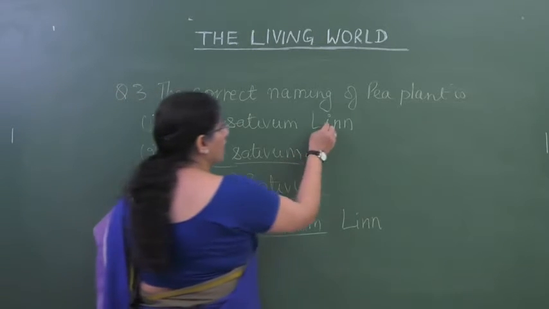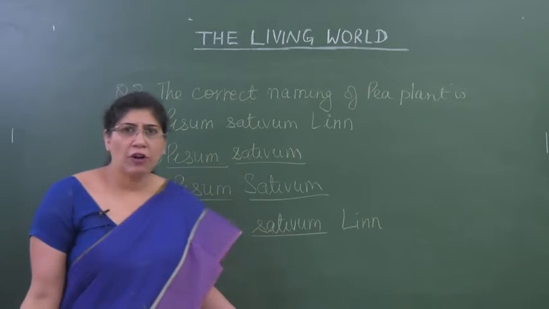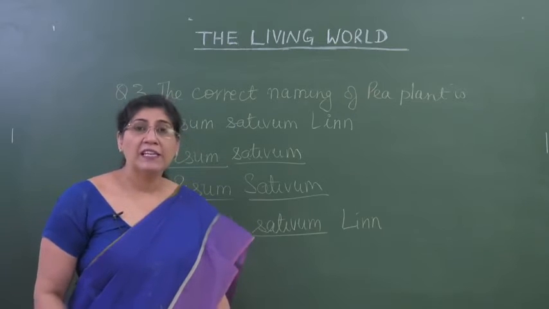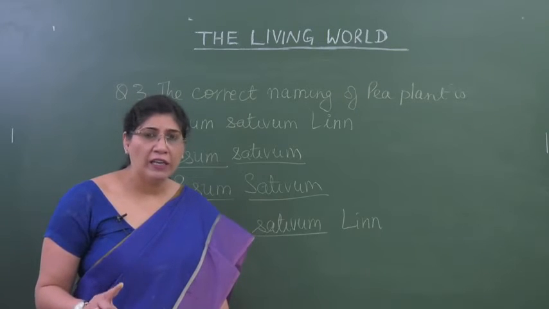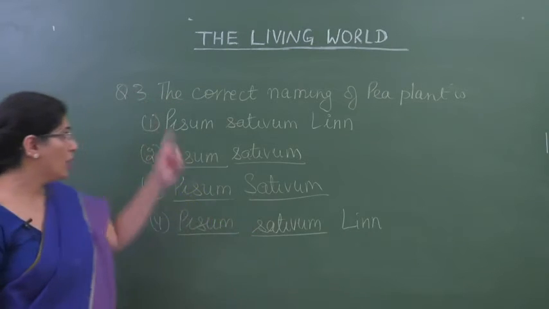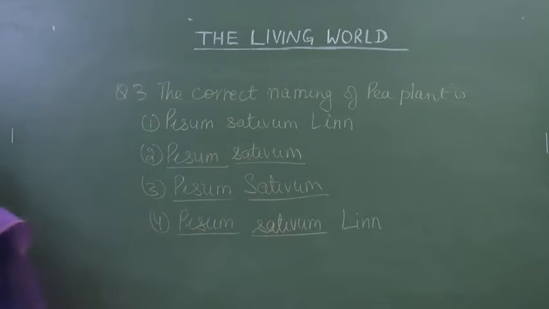Because beta, Lin is the name of scientist. So it is not in Latin, it's in English. The name of the scientist is in English, not in Latin. Only Latin is to be underlined. Now please answer.